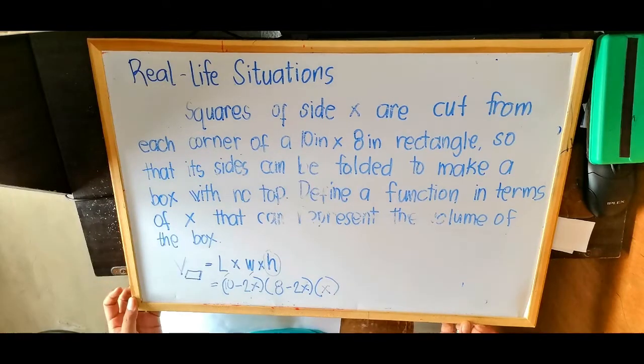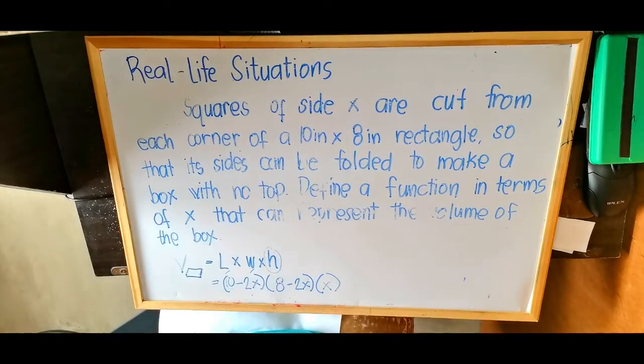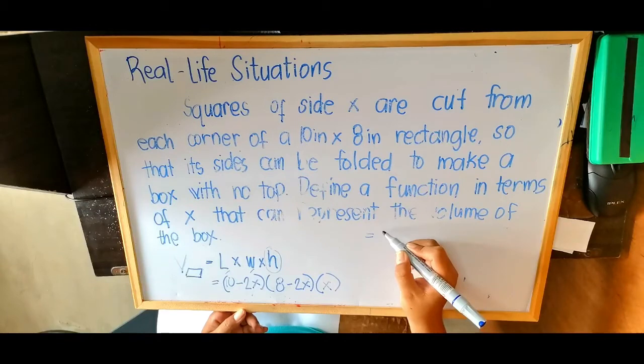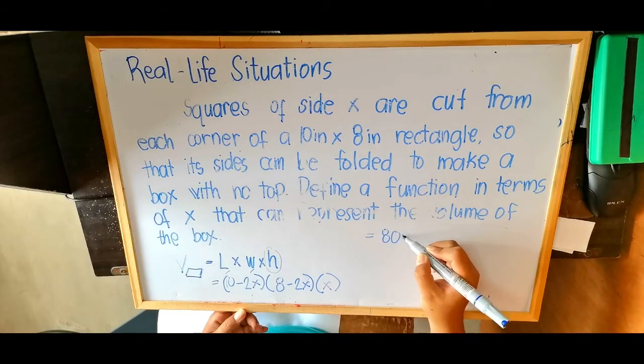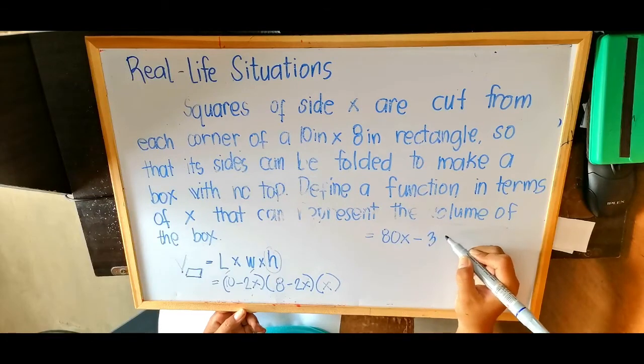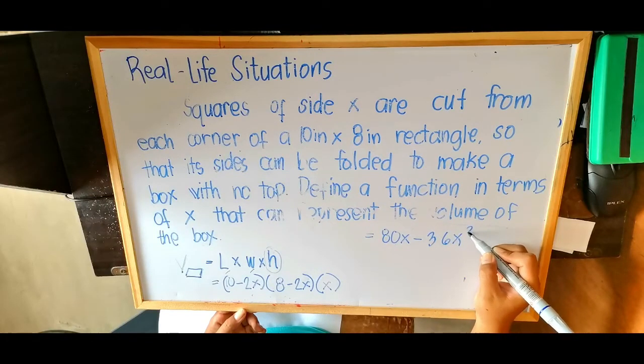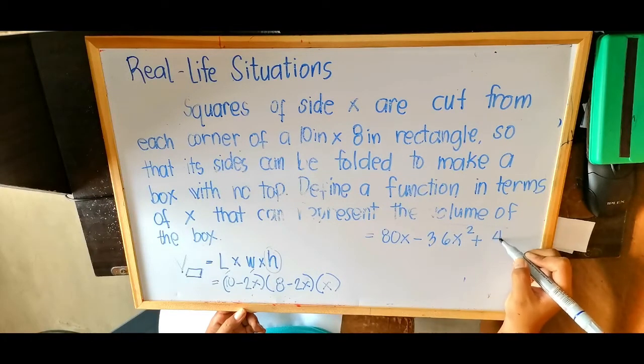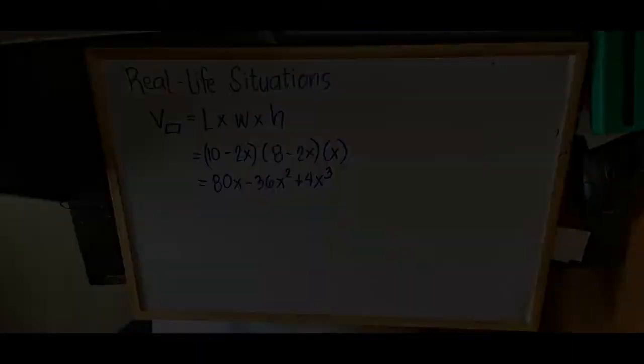So let us solve this equation by using multiplication of polynomials. We will have 80x minus 36x squared plus 4x cubed. Okay.